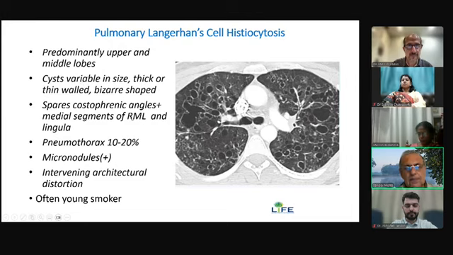Now, micronodules are also seen in LCH, PLCH.